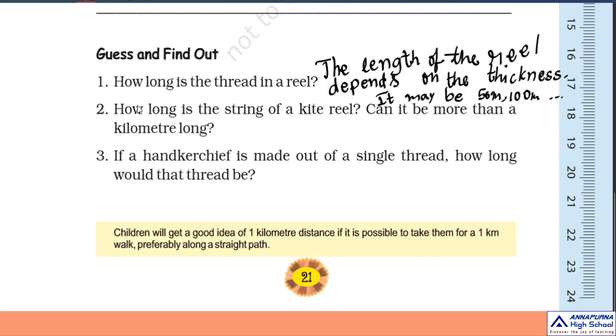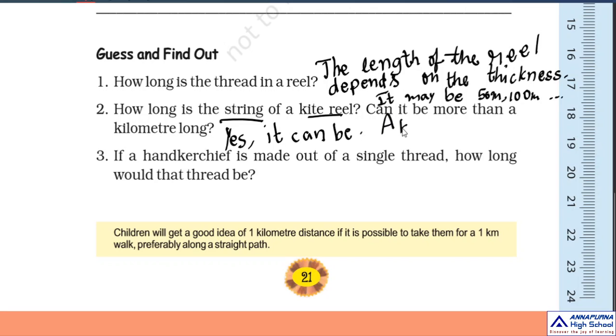Okay children, move to the second question. How long is the string of a kite? Do you ever play kite, ma? So how long is the string? The kite reel, can it be more than a kilometer long? Yes, obviously it can be. How long, ma?